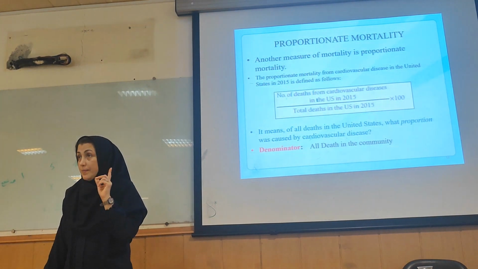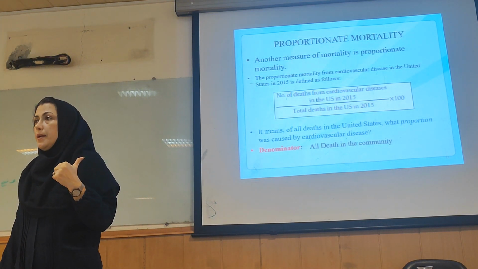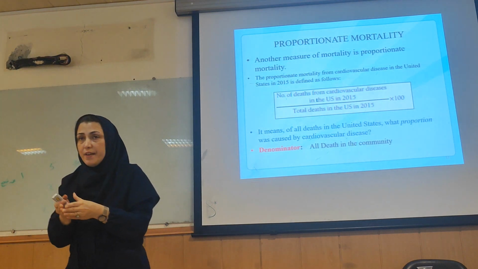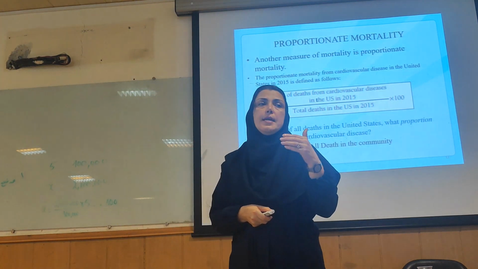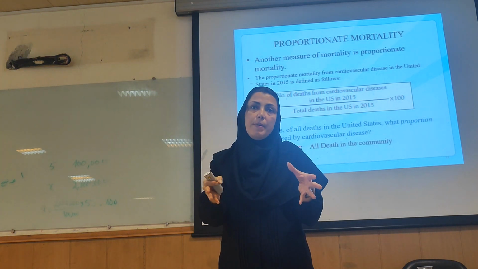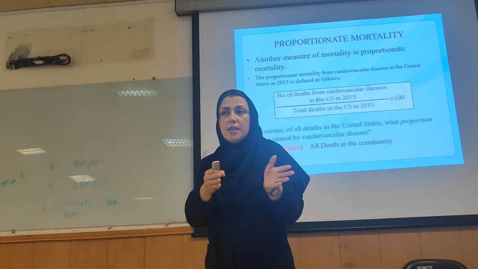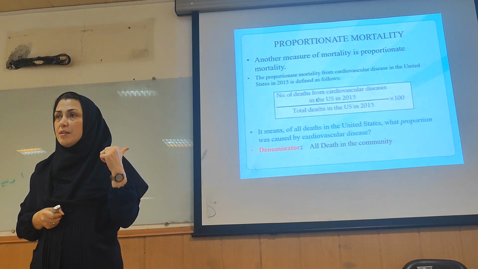So the main importance of case fatality is that if we have an intervention to improve the treatment in some specific patients, the changes can be clearly identified in case fatality.